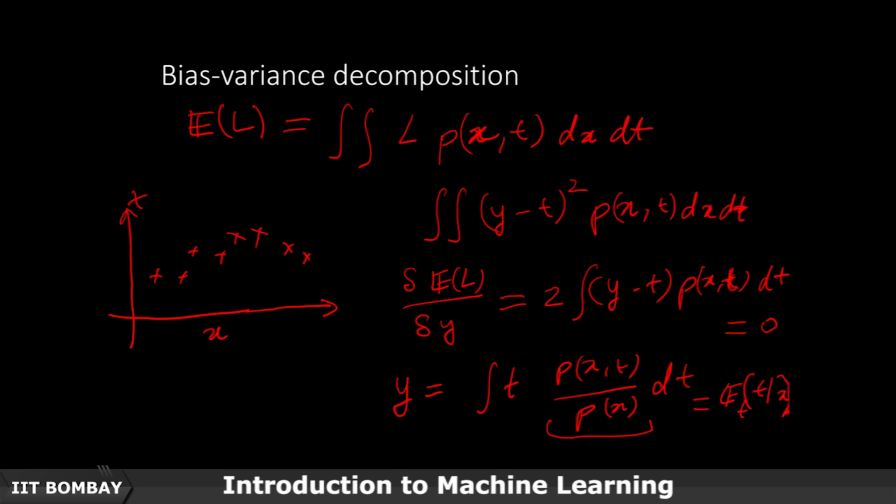Now this expression is quite important because it gives us some insights. The insight is that we can minimize the loss only if we have the estimator y, which gives you the estimated value of t given x, even if t is distributed. So let's pick one value of x, and take a slice at this value of x.